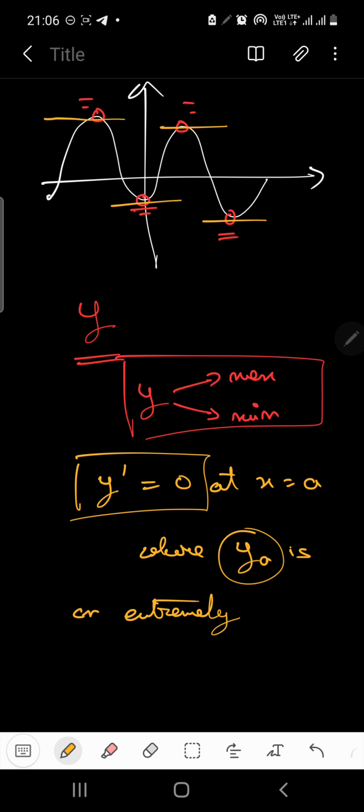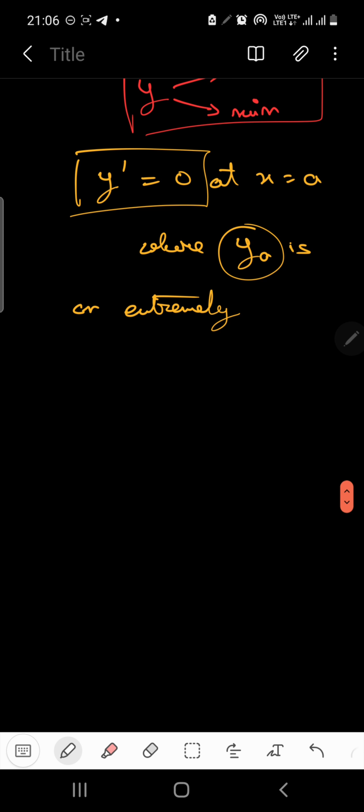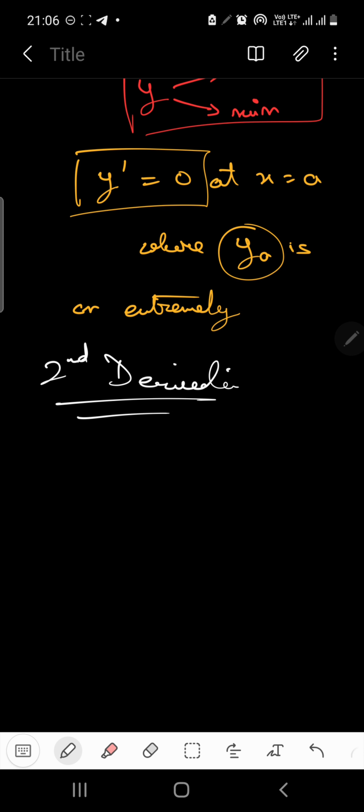Further, there is one more thing, which we have already studied under the application of the second derivative. We have studied the concave up and concave down, or concave and convex curves, right? This was your convex curve and this was your concave curve. Remember, guys? Now, how are these related to finding the maxima and minima?